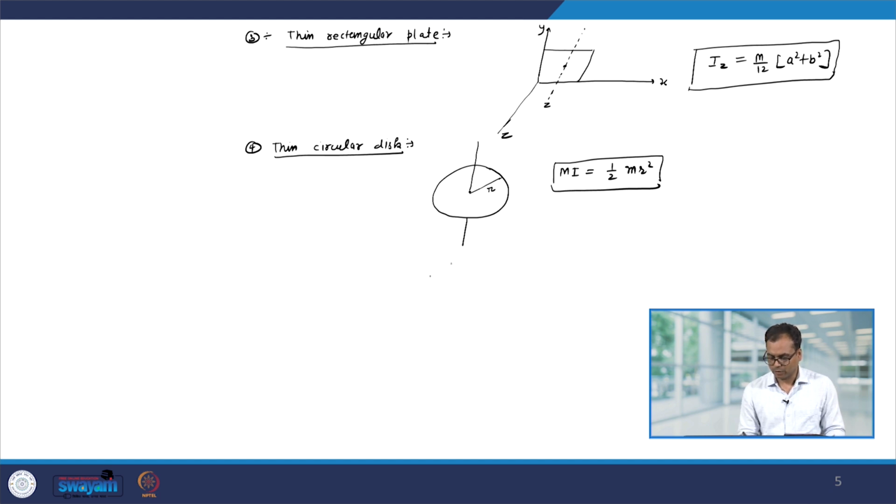This moment of inertia I have written about z prime. Now, if you have a sphere, then the moment of inertia about the center is 2 by 5 m r square.